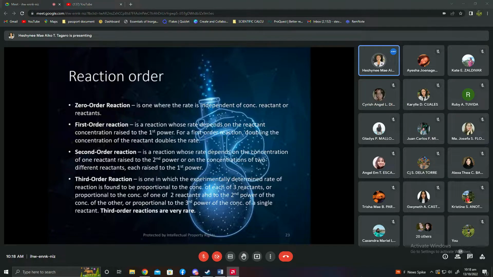But if you come across this type of reaction order, you will know it is third order if a single reactant is raised to the third power, or if we have three reactants, each raised to the first power, or if we have two reactants, one is raised to 2 and the other is raised to 1.